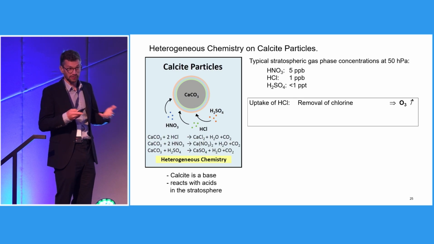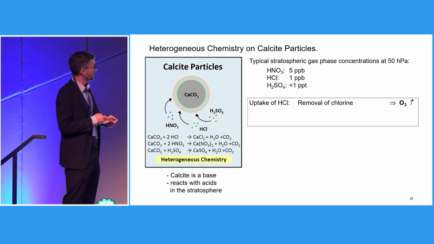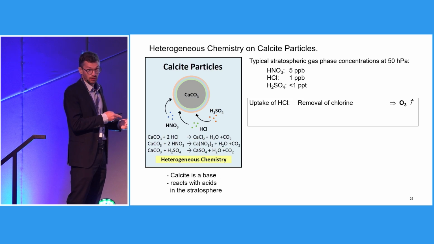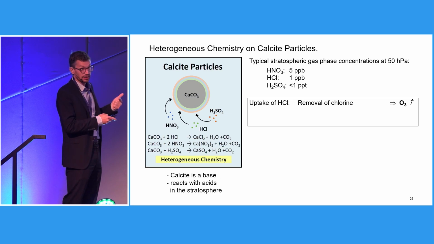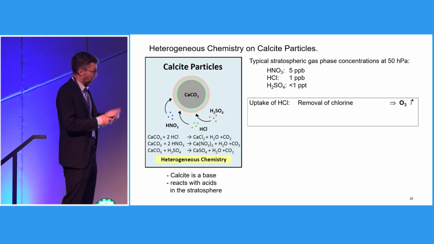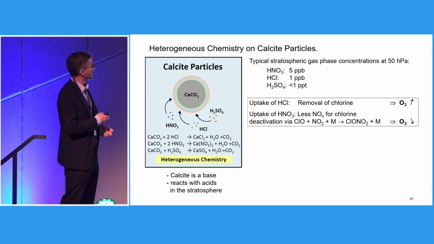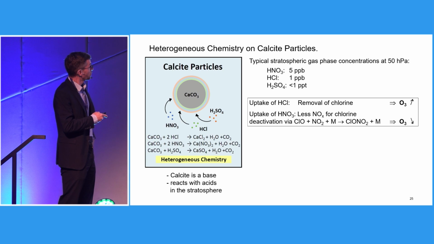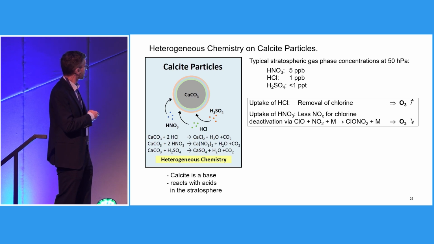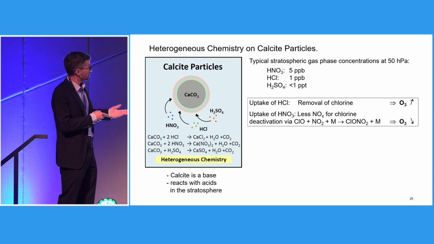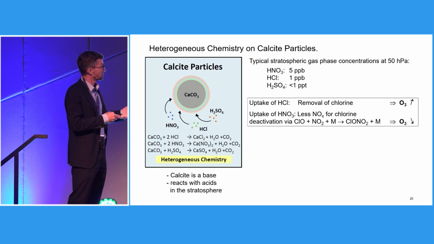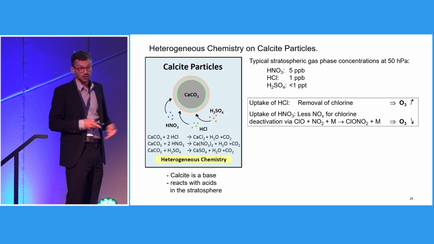So we would have the co-benefit, win-win situation of having more ozone, healing our ozone layer, and cooling the global climate. However, there is also HNO3 in the stratosphere at even higher concentrations. And if we remove HNO3 from the stratosphere via a similar process, we reduce the NOx concentration and we reduce the deactivation of active chlorine in the stratosphere, which would lead to ozone depletion.